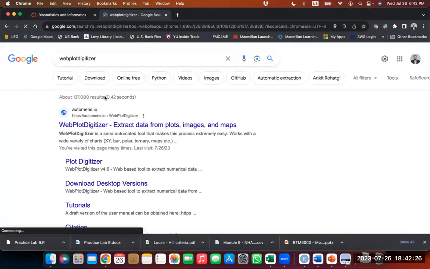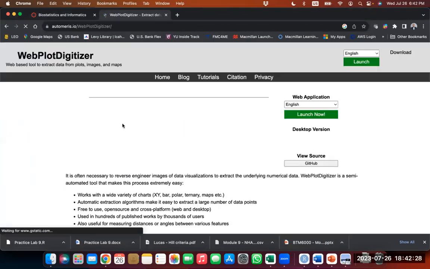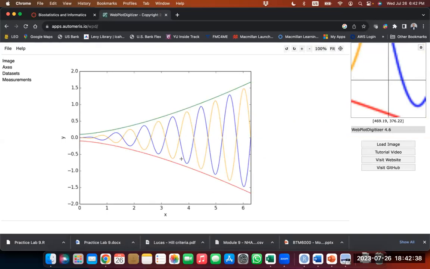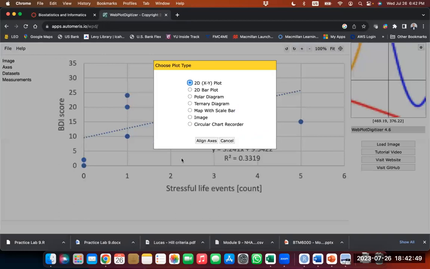WebPlotDigitizer is a software that is online that basically allows you, free of charge, totally free. If you go here and launch now, you have the possibility to copy a random graph that you screenshotted. So if you do Command V, it puts in my Beck Depression score.